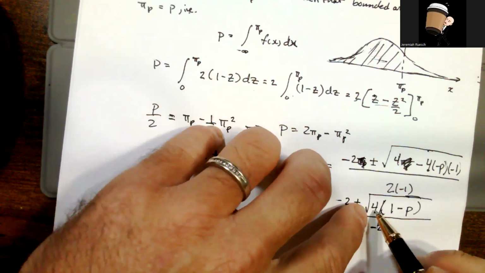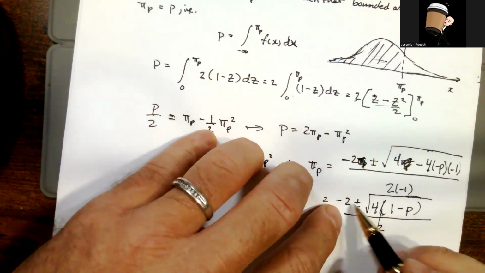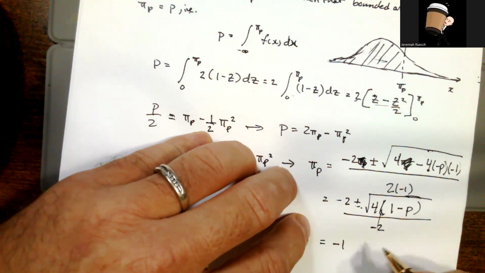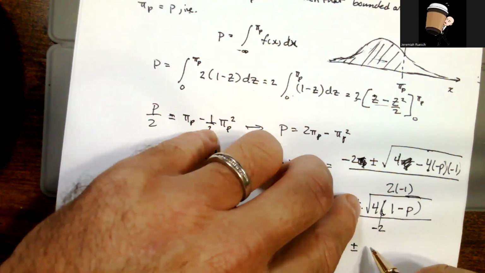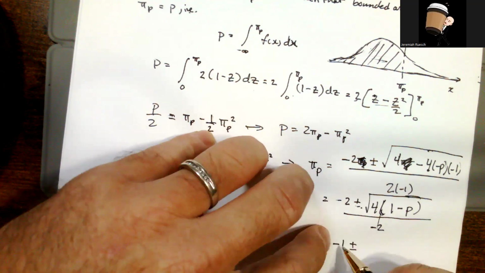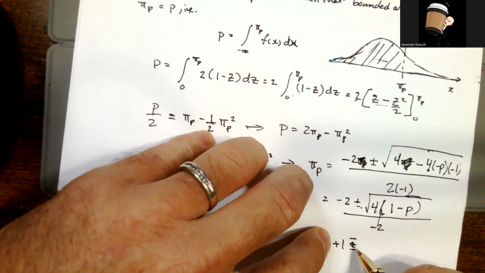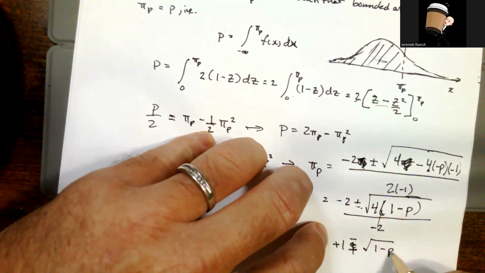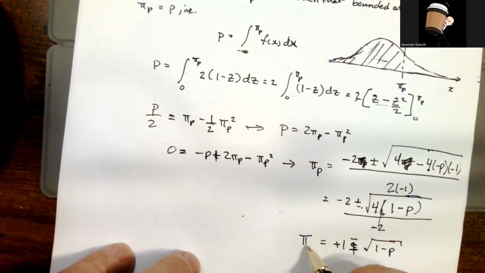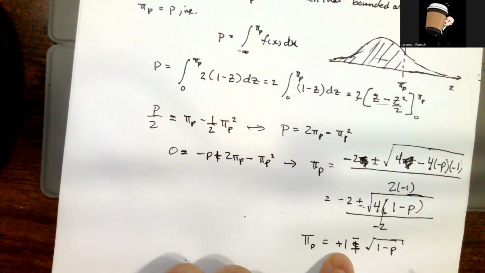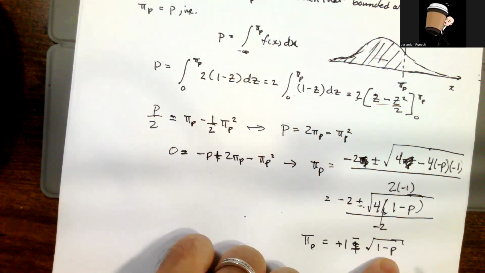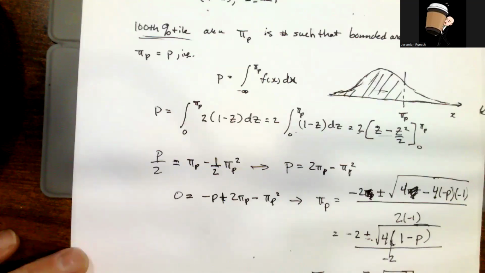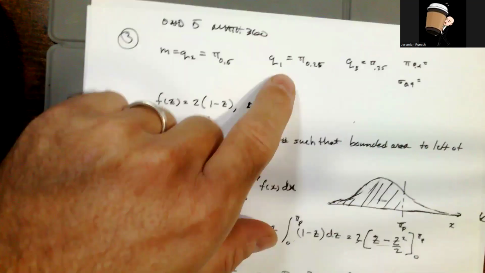The square root of 4 is 2, so that 2, this 2, and this 2 are all going to cancel, leaving me with negative 1 plus or minus the square root of 1 minus p, over negative 1. That negative absorbs and switches the signs, so I have 1 minus or plus the square root of 1 minus p. So to find any percentile, I just need to plug the p-value into 1 minus the square root of 1 minus p, and that will give me the corresponding values that I'm looking for.